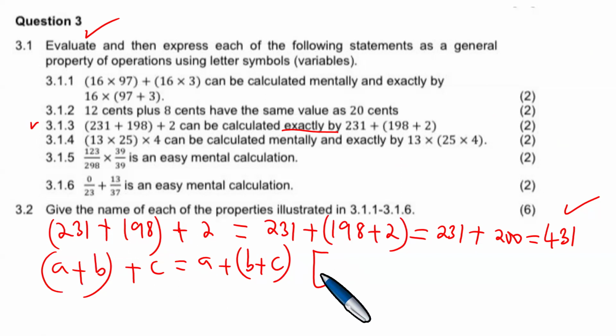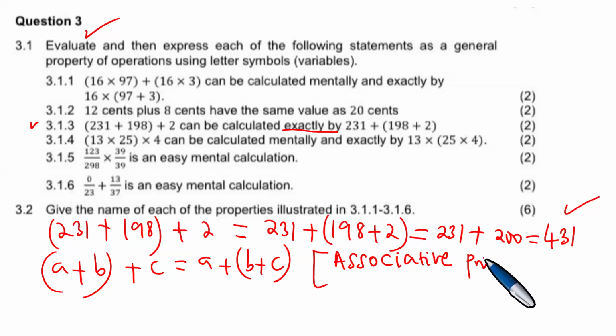Is it the distribution? I'm just teasing you. It is called the associative property, or you can call it the associative law.